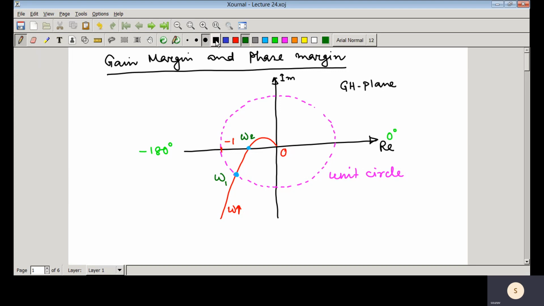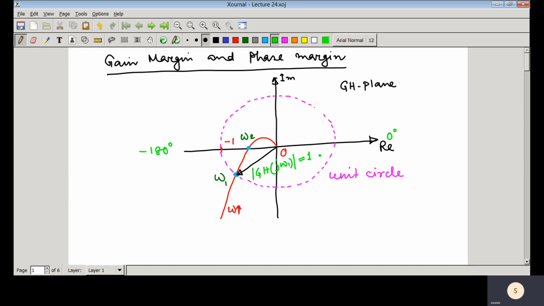If we just draw a vector like this, at this particular frequency, that is at omega equal to omega 1, the magnitude of GH of j omega 1 would be equal to 1. That means at omega equal to omega 1, if we find the magnitude of the loop transfer function, it would be equal to 1.